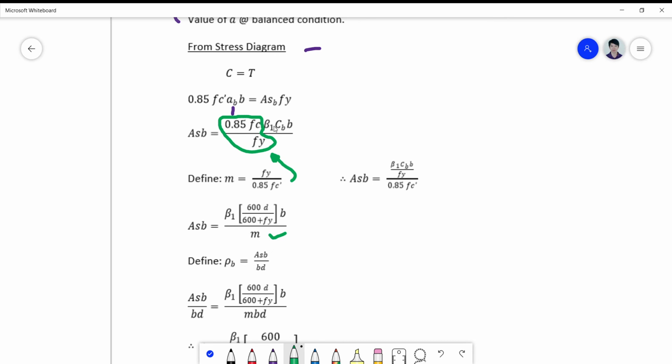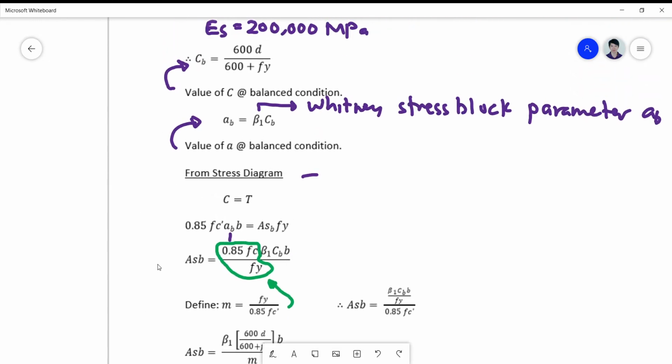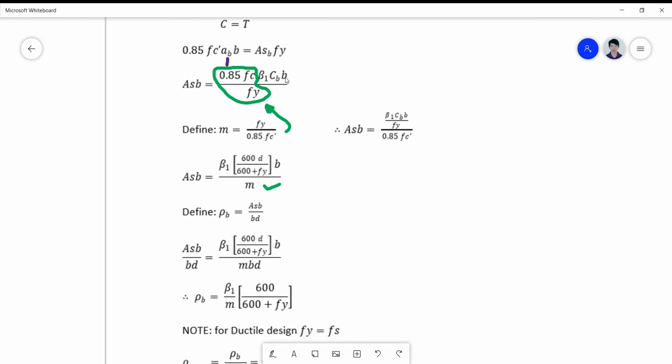So this becomes beta 1, and then we substitute Cb, which is 600d over 600 plus Fy as derived above, and b there. So it becomes beta 1 Cb times b over m.